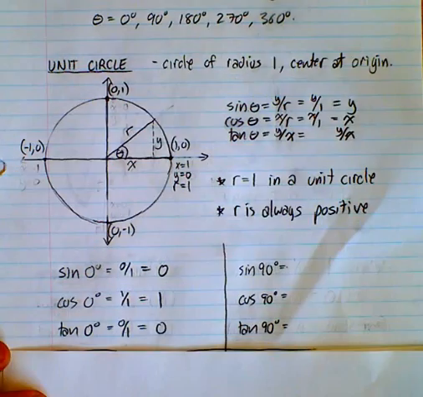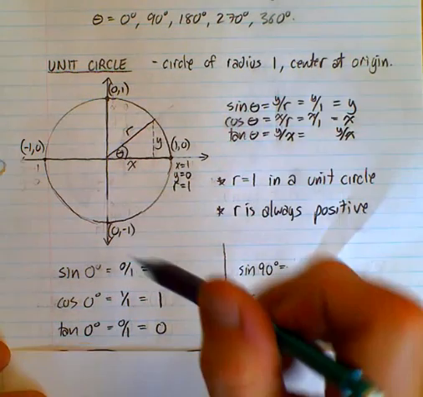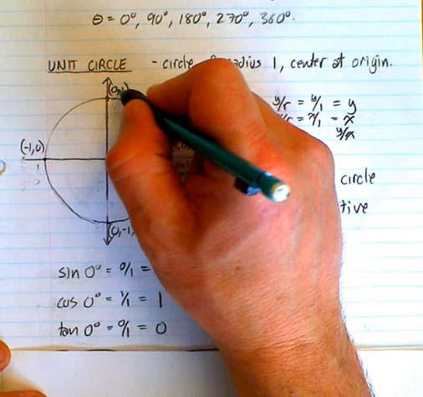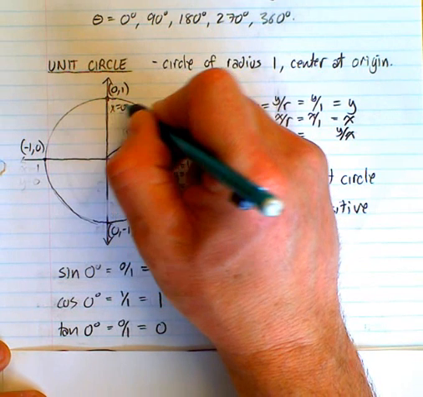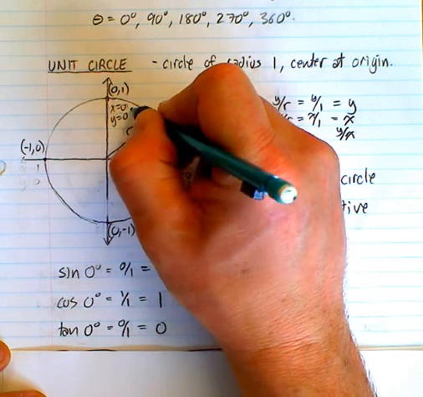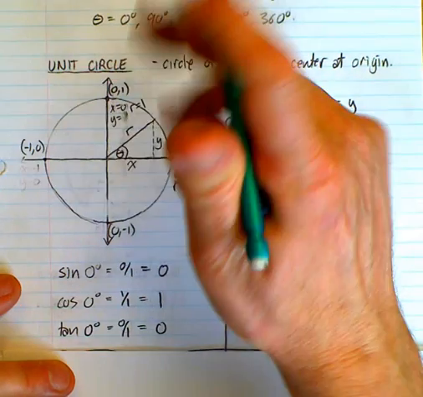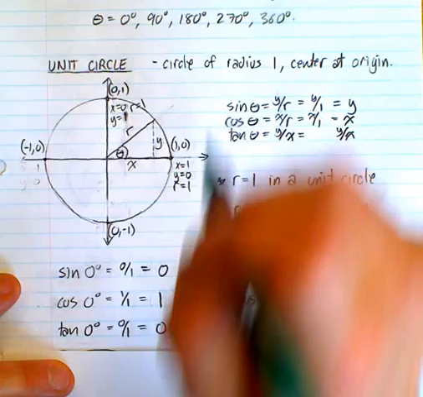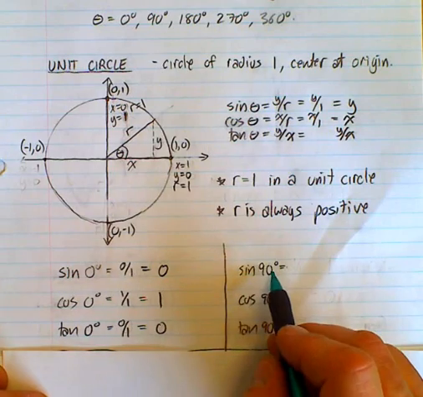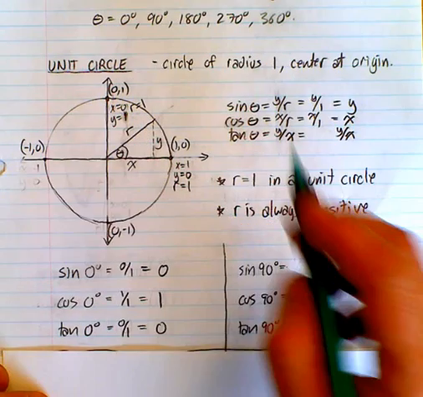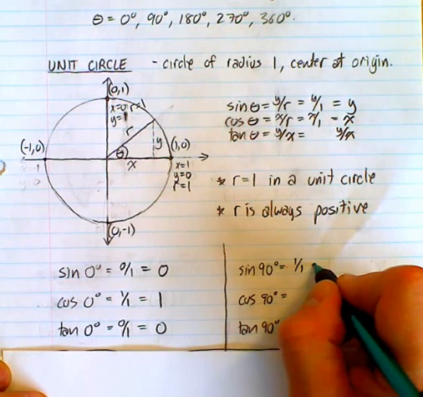Now let's move up to here. Let's bring this up to the top. Once we get up here, our x is 0, my r is 1, and my y is 1. Sorry, my y is 1, not 0. So if we look at sine 90, sine theta is y over r, so it's 1 over 1, which is 1.